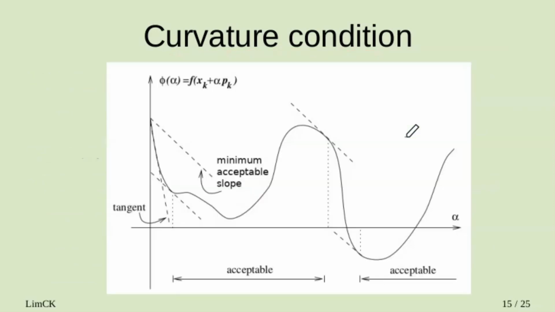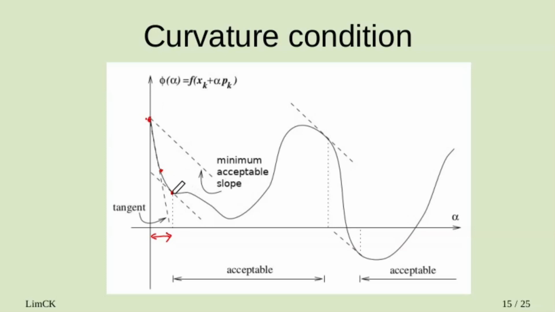So you see, with this curvature condition, if we are here, we cannot choose an alpha which is in this area. Why? Because in this area, the gradient is smaller than at this point. When you move forward, I mean take a larger alpha, the gradient will increase until this point here, which is larger than this one.